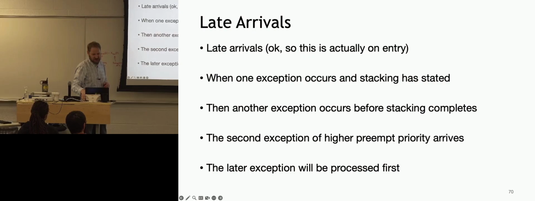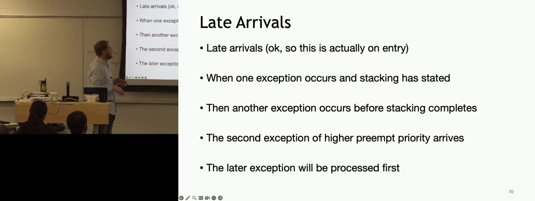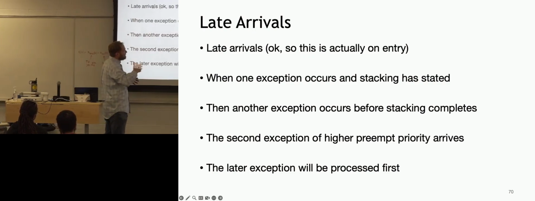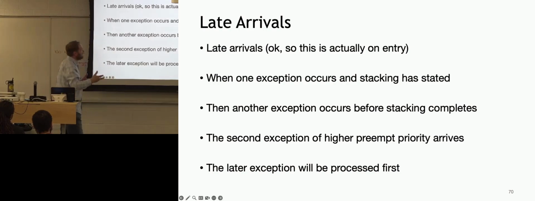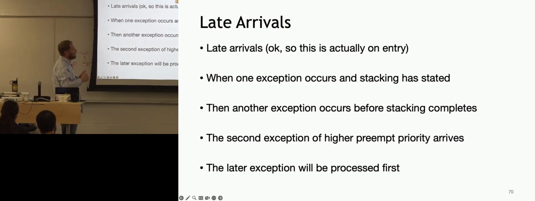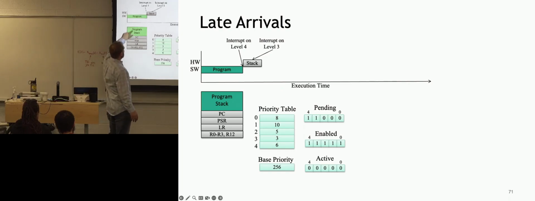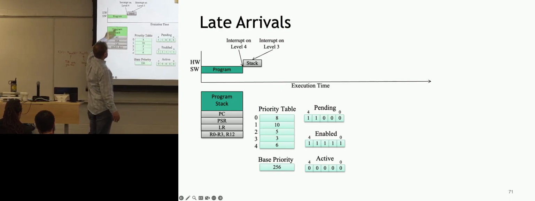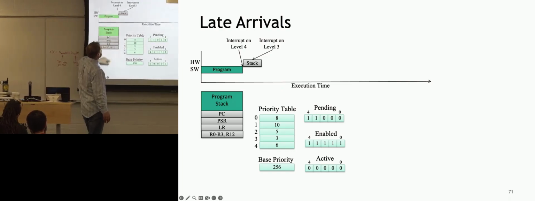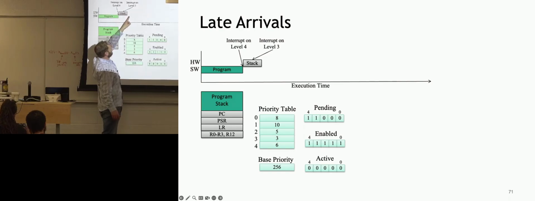All right, and then we have another one called late arrivals. So what happens when an interrupt, while you're stacking, if another interrupt of lower priority number or higher importance happens? So here we have a case where we're in a program. We got interrupt 4, and then while we're stacking, we got interrupt 3.